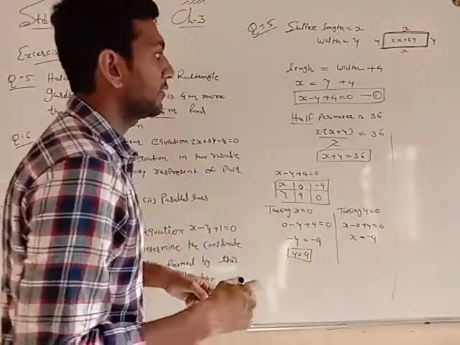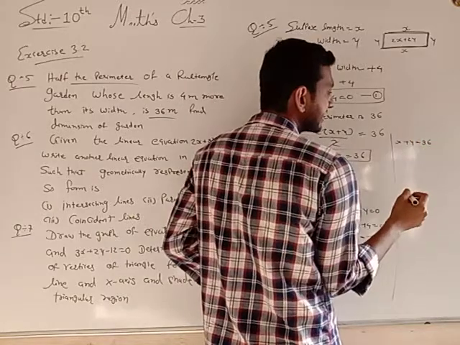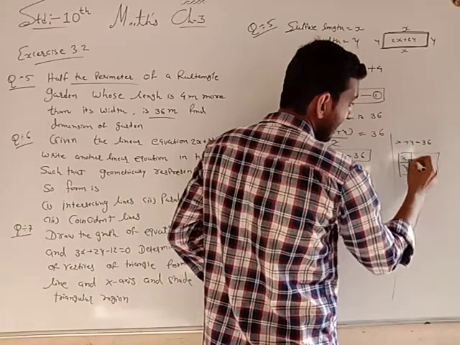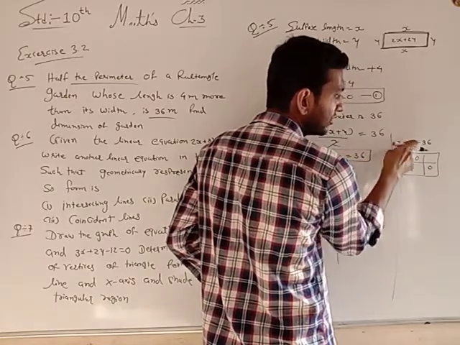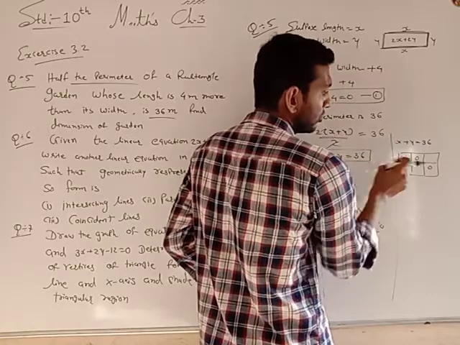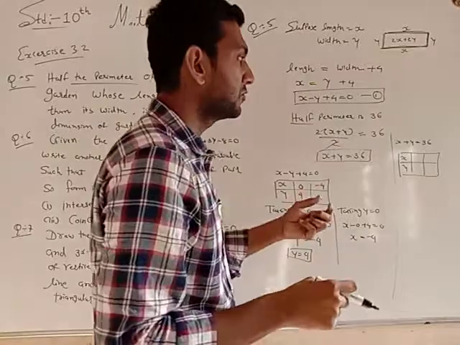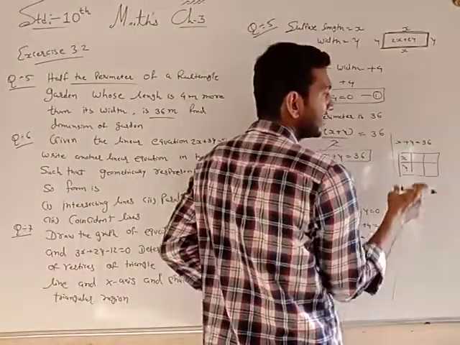Now take the second equation. What is the second equation? x plus y is equal to 36. In this case, if you take x is equal to 0, y is equal to 36. So don't take x equal to 0, because your y value is very high. So take x larger than 0.